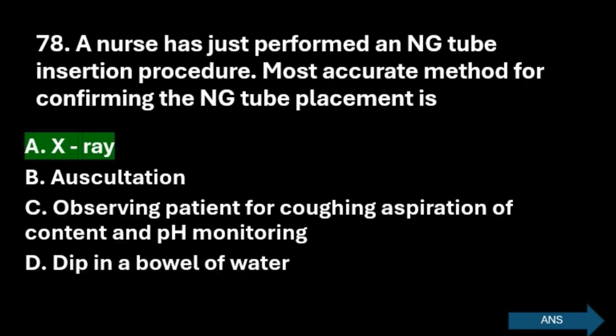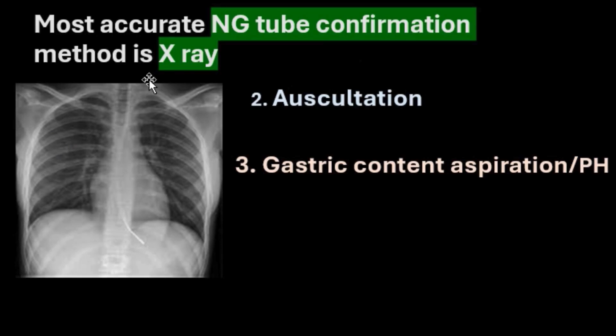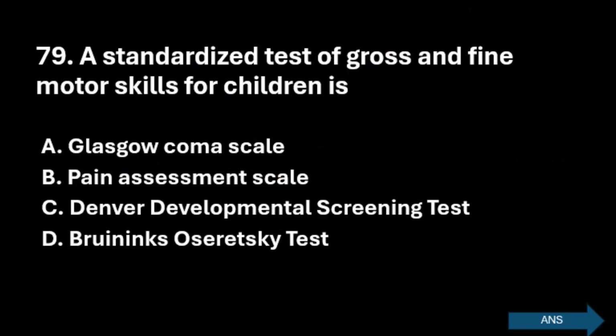The right answer here is option A, X-ray. Here the key word is most accurate, because most of these options are right, but one is most accurate, that is X-ray. Auscultation and gastric content aspiration and pH monitoring are also options, but most accurate is always imaging and X-ray.